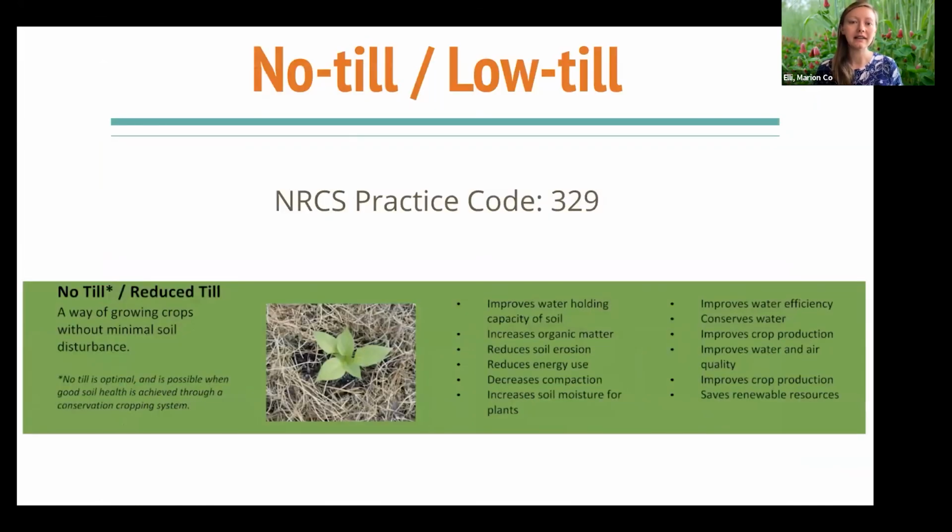So no-till or low-till, I think of this practice, yes, it's one of the practices listed as others are, but I think of this as pretty foundational and more of a goal. Yes, it is a practice, but it's what we're aiming towards on our land, to reduce the amount that we're disturbing that soil, tilling the soil, as a way to help all of these other practices work in tandem.